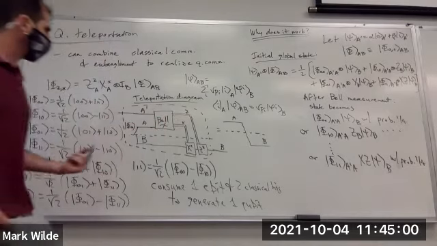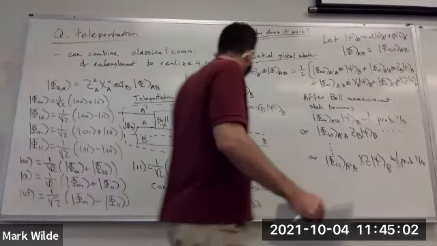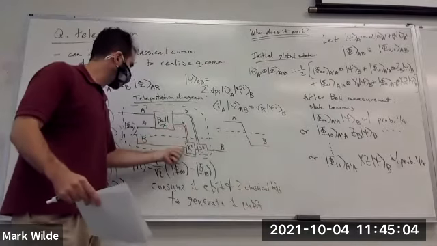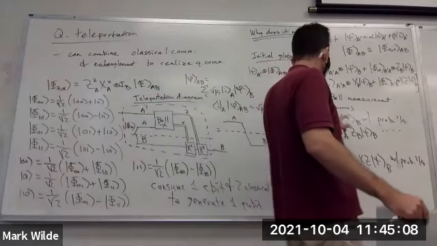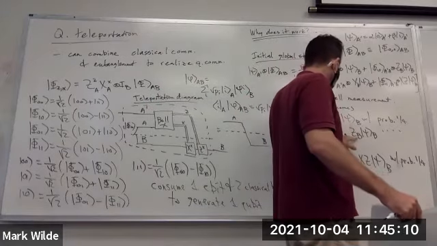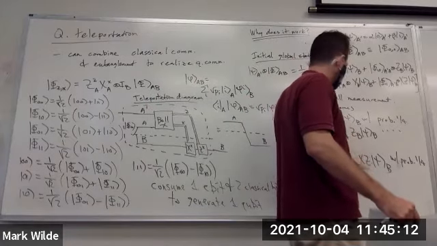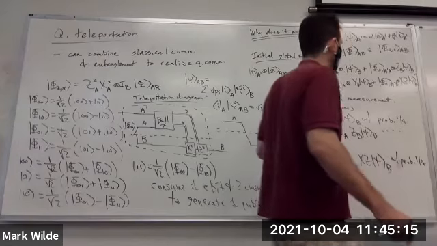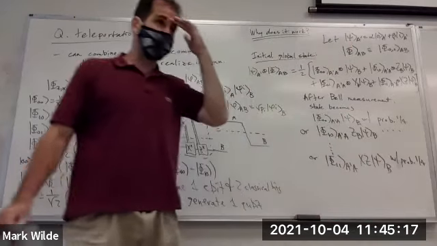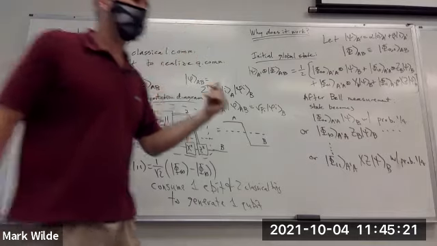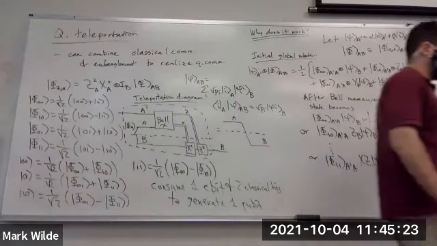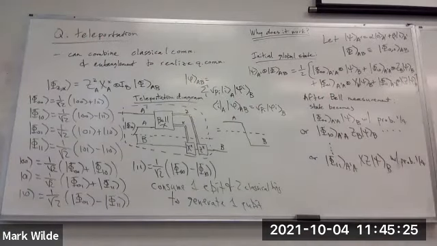Consistent with it is that Bob's state is randomly psi, Z psi, X psi, or XZ psi after the measurement outcome. So how do we calculate the density operator for that state? If we have an ensemble, right? We talked about ensembles and how we calculate density operators for ensembles.